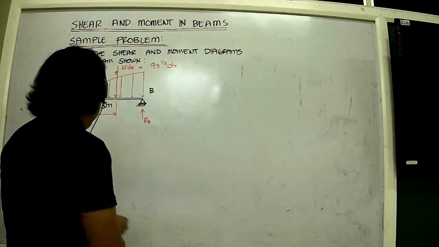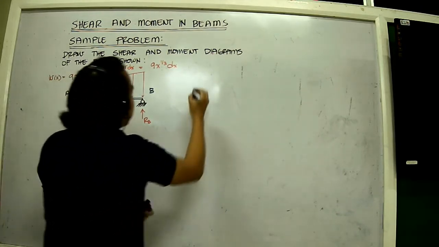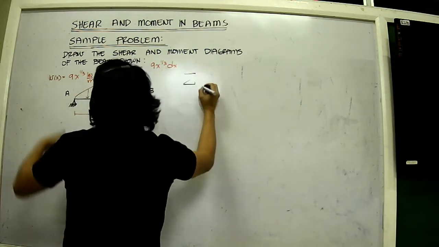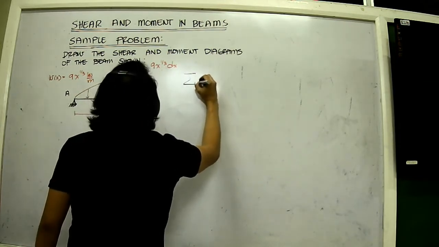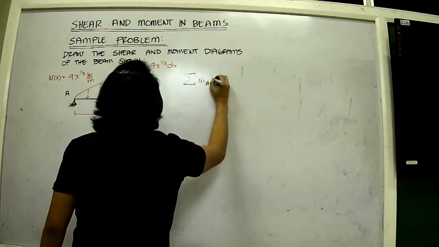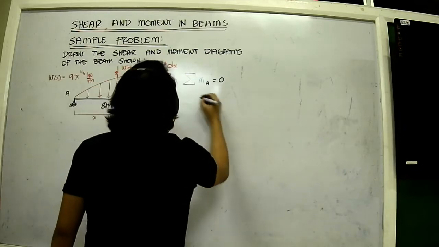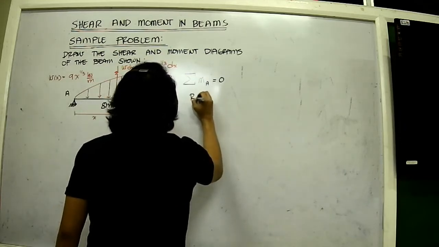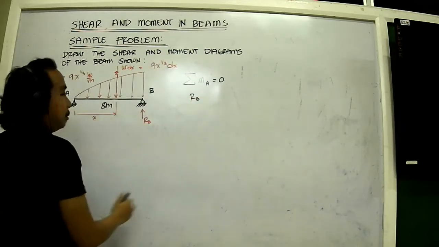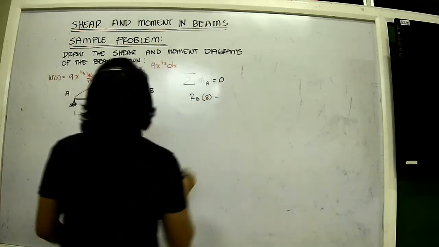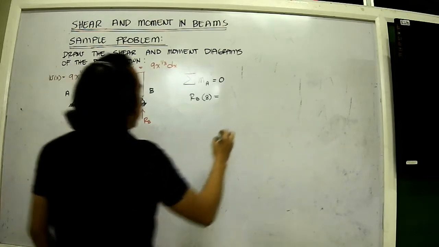Now, to solve for the reaction at B, I will sum up moments at A and set that to 0. RB times its moment arm, which is equal to 8, I equate with Wdx.